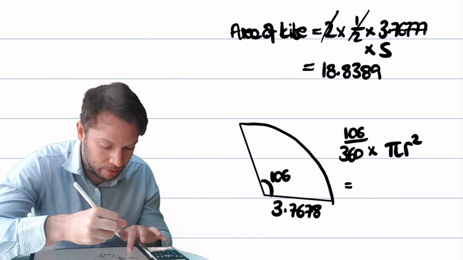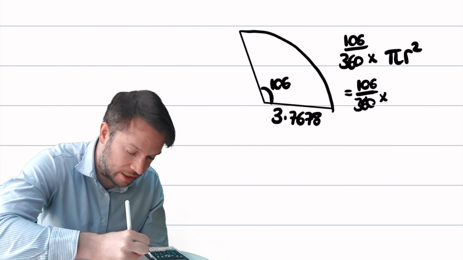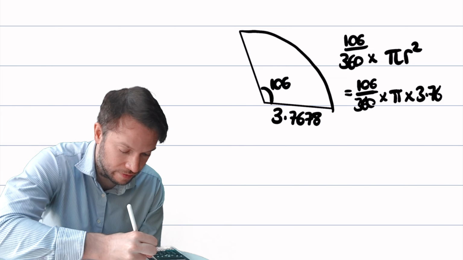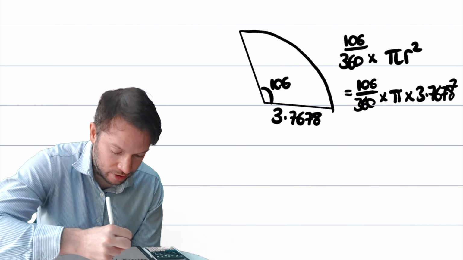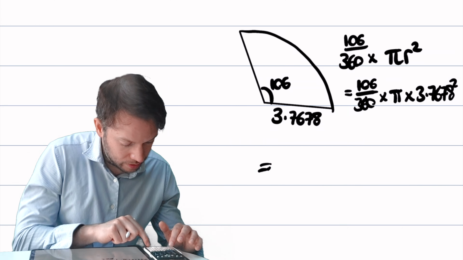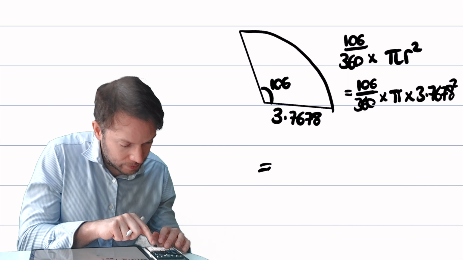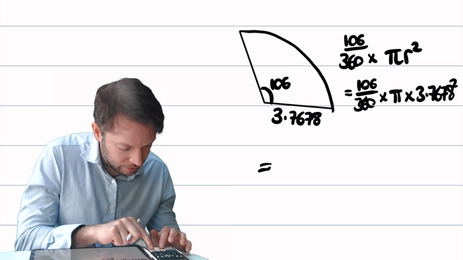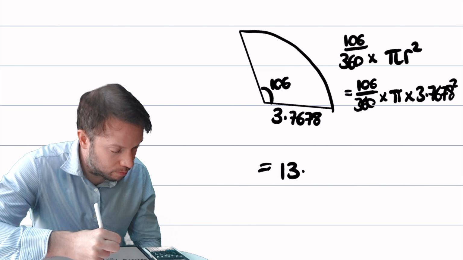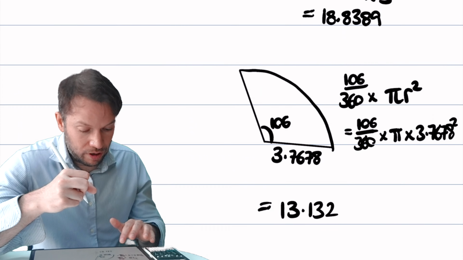We've got 106 over 360 times pi times the radius squared, which is 3.7678 squared. I'm going to do that on my calculator. 106 over 360 multiplied by pi multiplied by 3.7678 squared gives me 13.132.